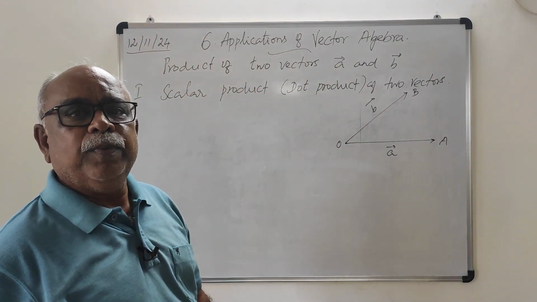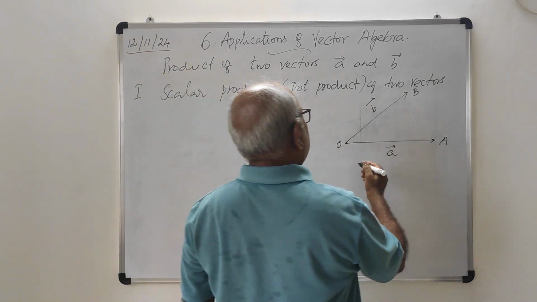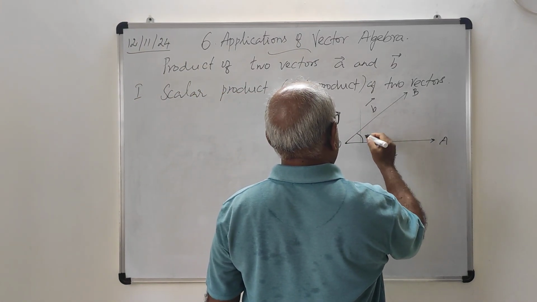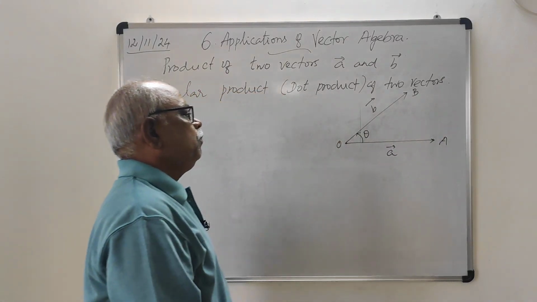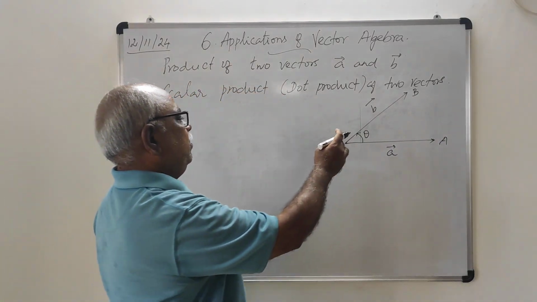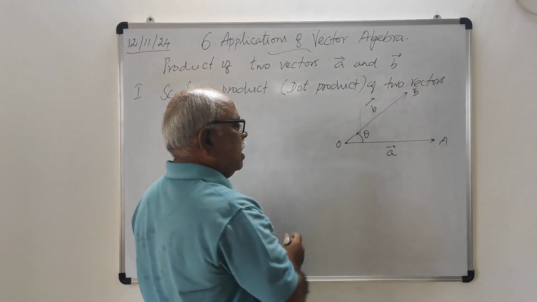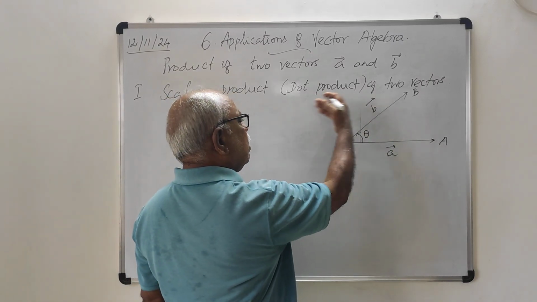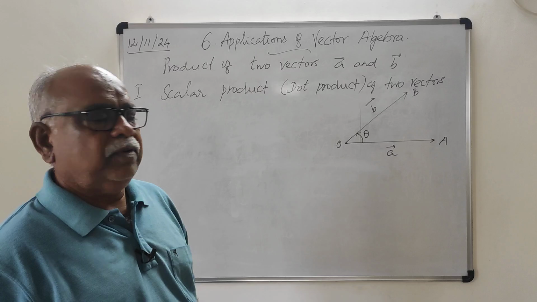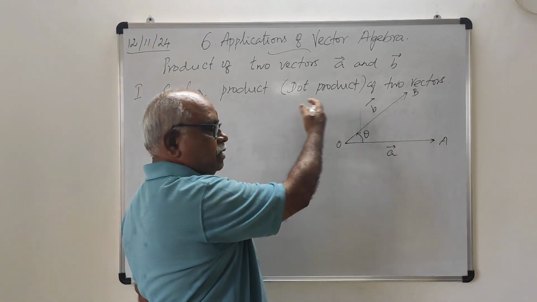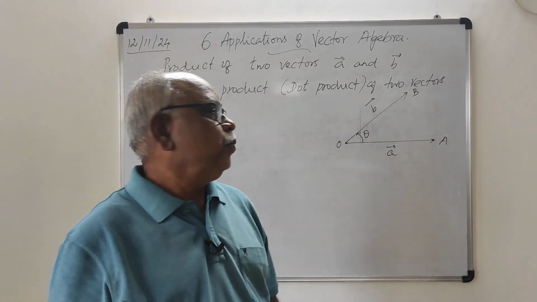And in the direction of OB, the vector B is defined. Theta is the angle between the two vectors A and B, and that theta is measured in the counterclockwise sense. Always the angle between two lines is measured in the counterclockwise, that means anti-clockwise, sense, you know.